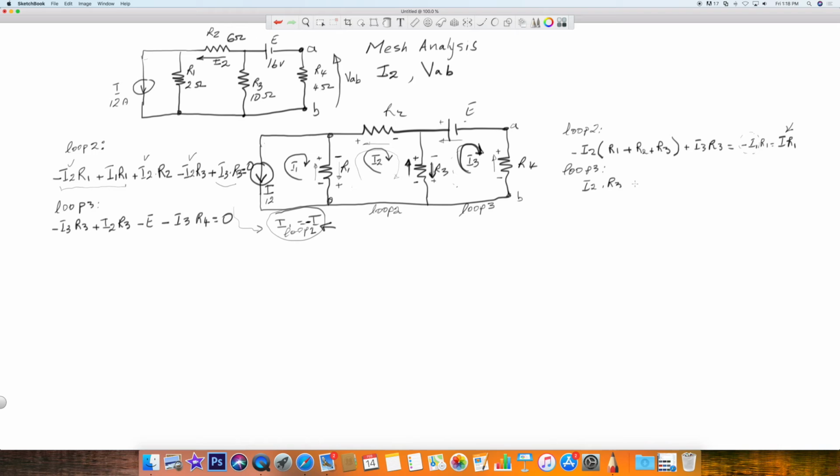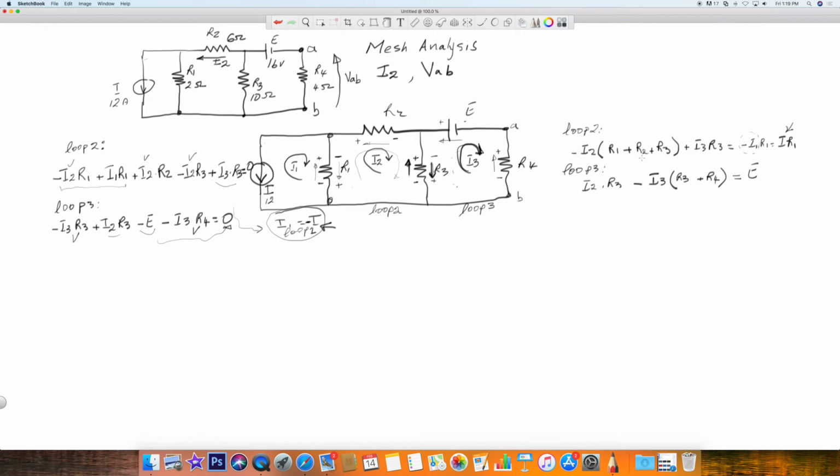So I'm going to do a minus I3 times R3 plus R4. And again, these came out right here and right here. Does that make sense? And we've taken care of this one. Now, that would be equal to E, so move the E, which is a constant, over to this side, okay?